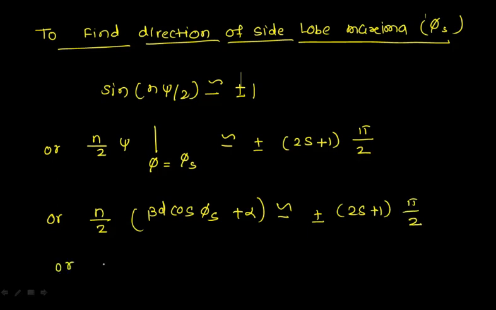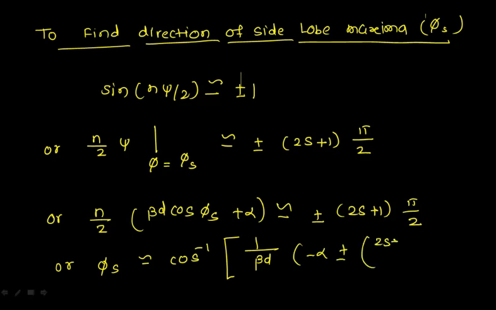Or in other ways, phi s is cos inverse of 1 upon beta d into minus alpha plus minus 2s plus 1 divided by n pi. So this is something which we have concluded, where s is equal to 1, 2, 3 and so on. If you say s is equal to 0, you're talking about the major lobe, you can put s except 0, so you'll get the side lobes.